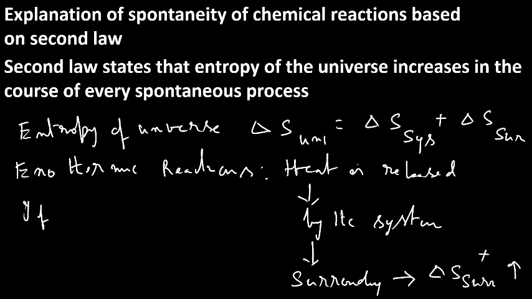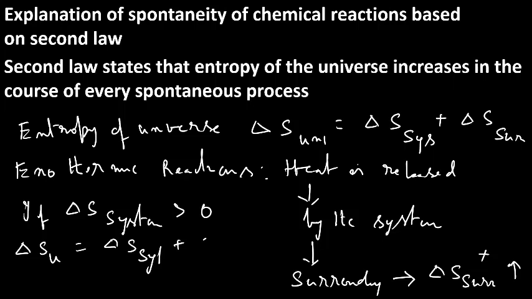If delta S system is also greater than 0, then delta S universe is equal to delta S system plus delta S surroundings. So here, during exothermic reactions, heat is released. The heat released by the system is taken by the surroundings.